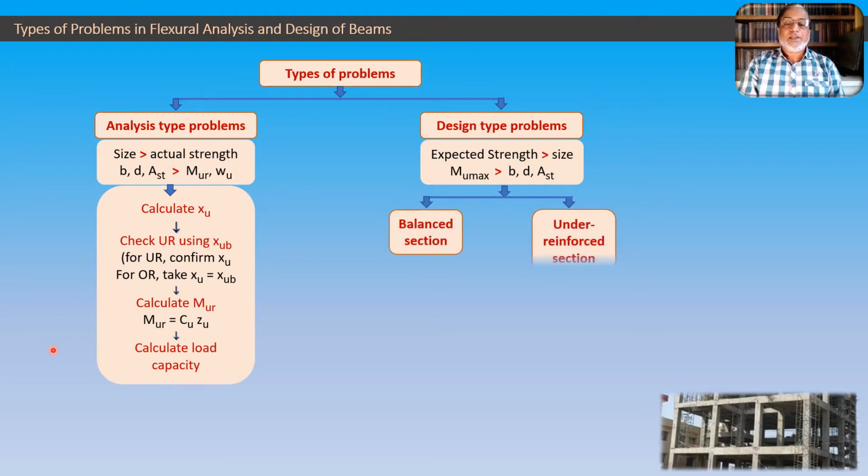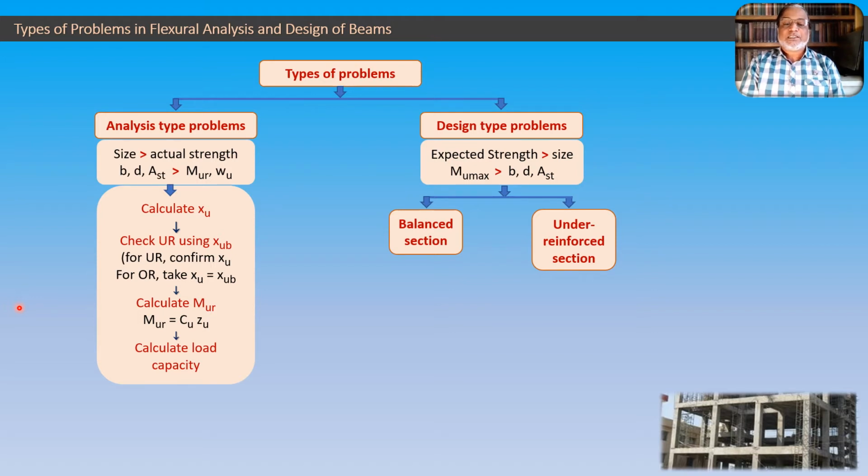Now the design problems are divided further into two parts. We can have either a balanced section design or an under reinforced section design. We know that the RCC sections are classified as balanced, under reinforced or over reinforced sections depending upon the relative quantities of steel and concrete.